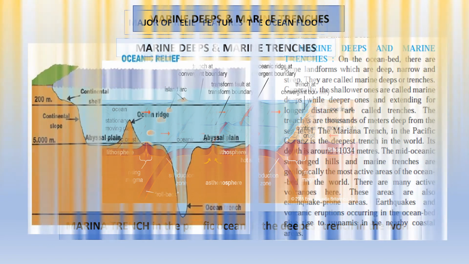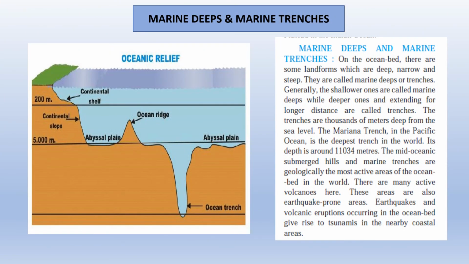The next important part we have studied is marine deeps and trenches. The Mariana Trench, found in the Pacific, is the deepest part in the world, at a depth of about 11,034 meters.